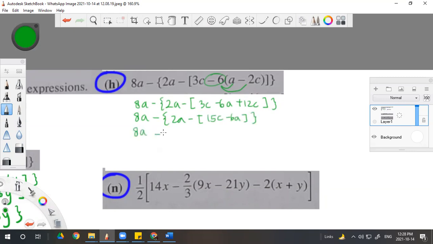So 8a minus 2a, buka, kasih bracket ya, jangan lupa ya, bracketnya nggak boleh dihilangin, bisa salah ntar. Minus 15c plus 6a. Oke, so 2a plus 6a berapa? 8a minus 15c. Open lagi bracketnya. Capek ya. Tapi ya memang ini. This is how the way it works. It has to be worked out. So 8a open minus 8a plus 15c. Oke, langsung 0. Oh, 0 ya. 8a minus 8a. Ya udah jawabannya langsung 15c itself.